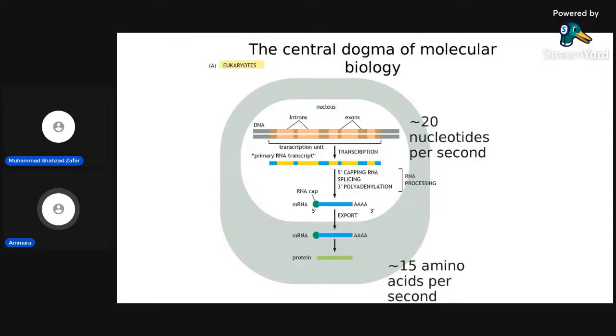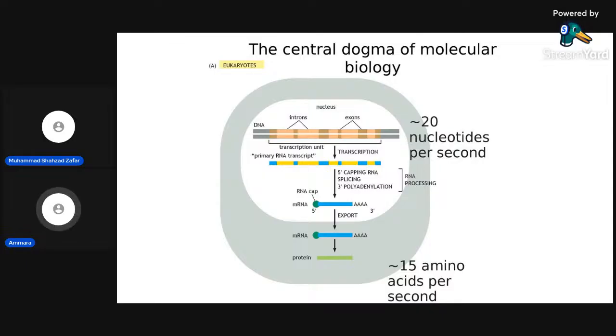So what is central dogma? Central dogma basically is the flow of gene information, from one generation to the next generation, and within one generation. That is called central dogma.